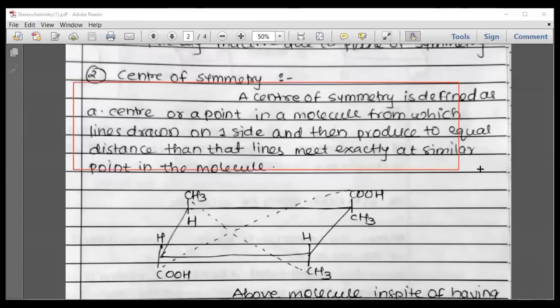Center of symmetry is defined as a center or a point in a molecule from which lines drawn on one side and then produced to an equal distance meet at a similar point in the molecule. So all the lines meet at the same, similar point, and that's why this is called center of symmetry.